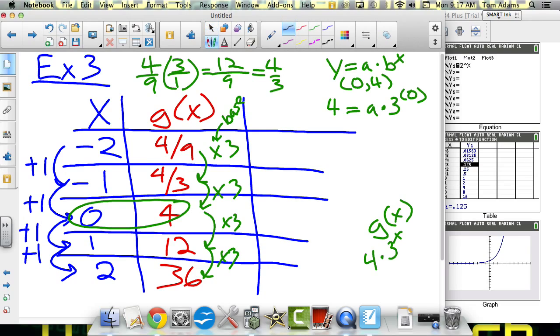Okay? Let's do one more function. Let's do another function. We'll call this function h of x. And so they give us the values for this, and now this time I have 128, 32, 8, 2, and then 1/2.